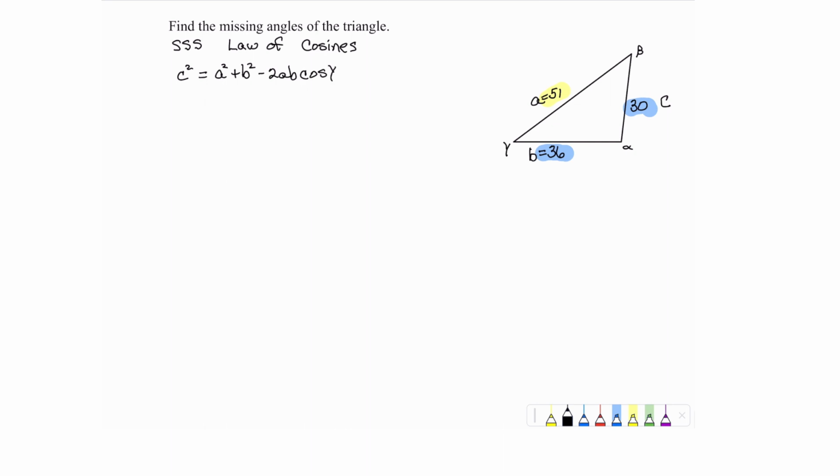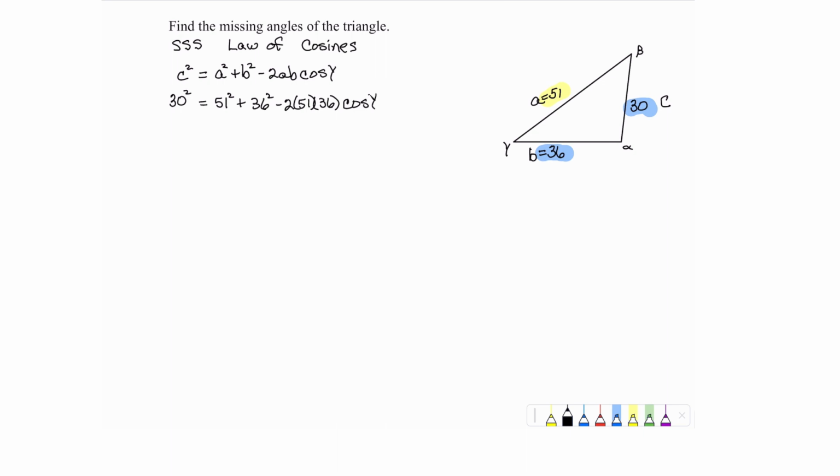Now we'll put in the values that we know. C is 30, so I have 30 squared is equal to, A is 51, so 51 squared plus 36 squared for B squared minus 2 times 51 times 36 times the cosine of gamma.